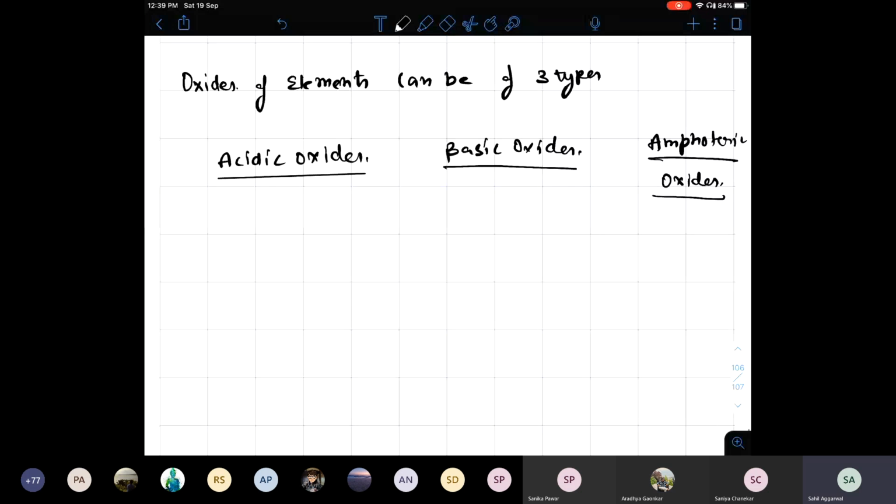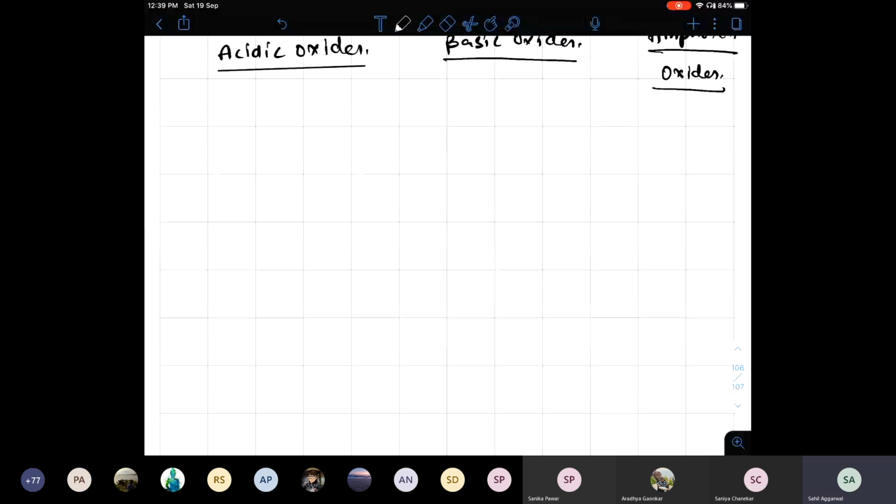So acidic oxides give acid in aqueous solution. What do we mean by aqueous solution? Water solution. Aqueous solution means in water only.